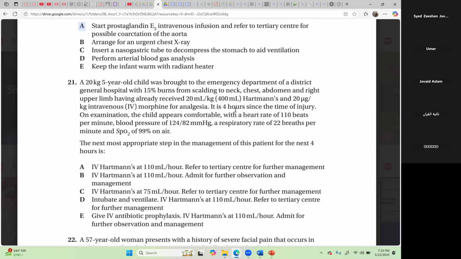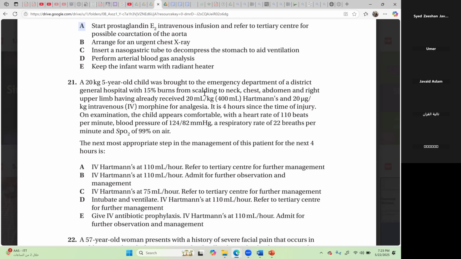So it's a scenario of burn. It is 4 hours since the time of injury. On examination, the child appears comfortable with a heart rate of 110, blood pressure 120 by 80, respiratory rate 22, SpO2 99%.